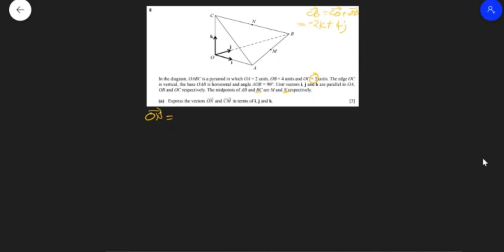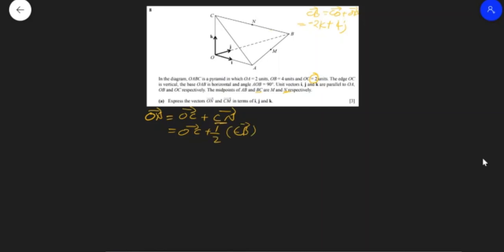Now we will use this one. So we were finding ON. So O to C first, OC, and then CN. So it will be OC plus CN, where CN is half of CB, and CB we just found out here.